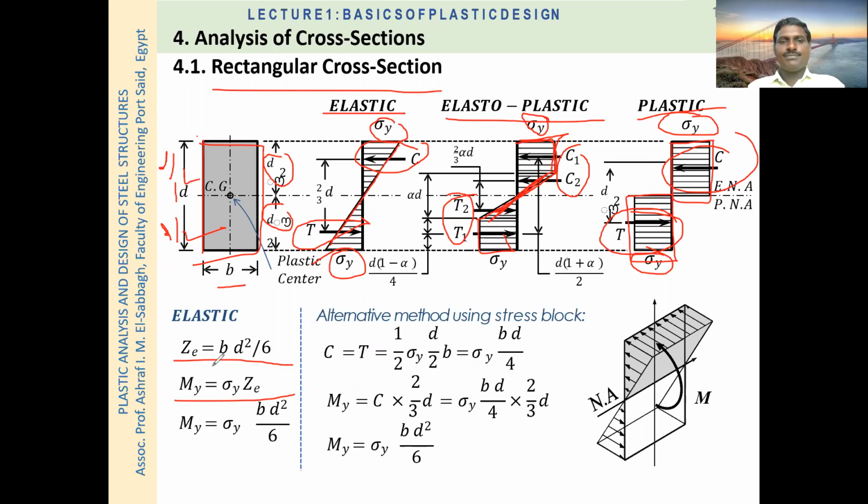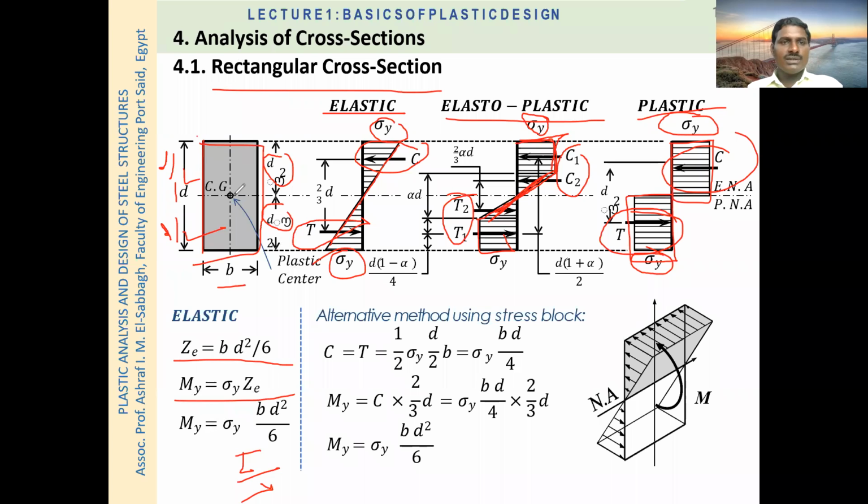Now how to calculate Ze? We can calculate it by Ze is equal to I by Y. Initially we have to calculate the moment of inertia of this rectangular section. The moment of inertia I is equal to BD cube by 12.